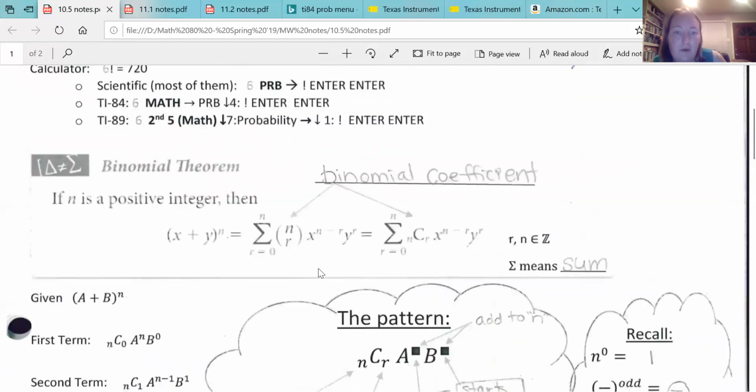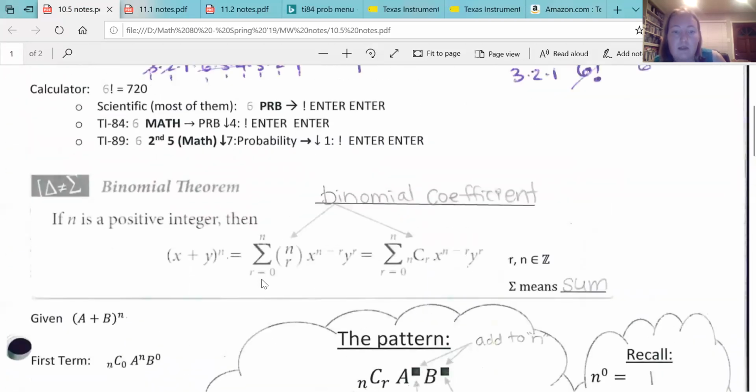The binomial theorem is the sum of a certain number of items that, in this case, corresponds to your exponent or your binomial expression. So this is where you're trying to expand a binomial two-termed expression raised to some power.